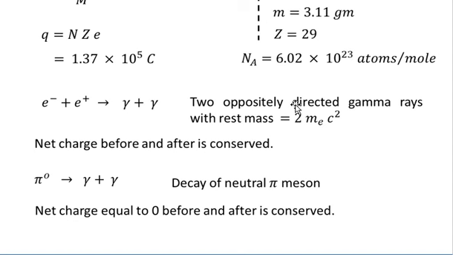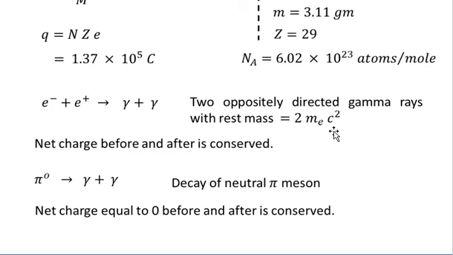The mass of the electron is m e c square, and the mass of the positron is also m e c square. So the total mass of the positron and the electron together is equal to 2 times m e c square.